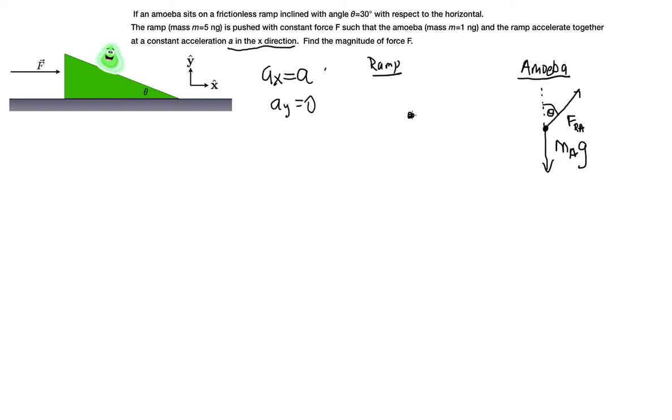So then what I can do is input my forces on the free body diagram for the ramp. It's got a force pushing on it. That's given in the problem. We have a weight, the mass of the ramp, times g. And finally, we have the amoeba pushing on the ramp.